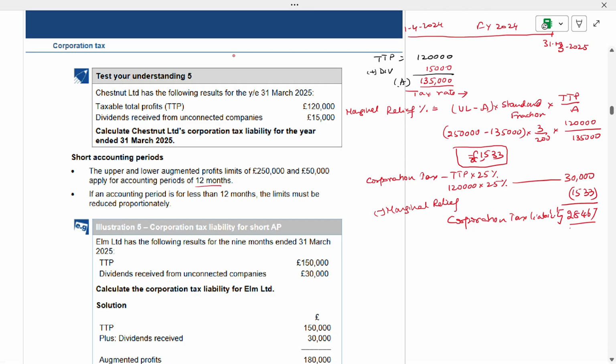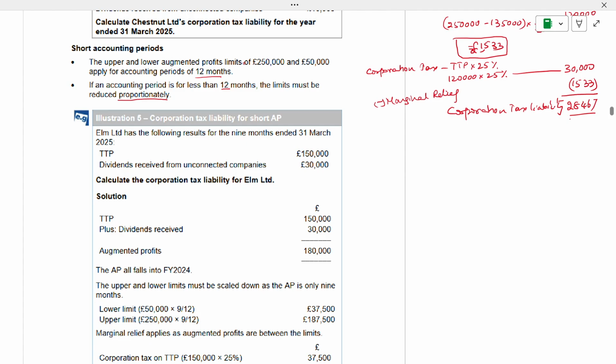Are you clear about this? Yes, sir. Next, in a short accounting period, the upper and lower augmented profit limits of 250/50 apply for accounting periods of 12 months.